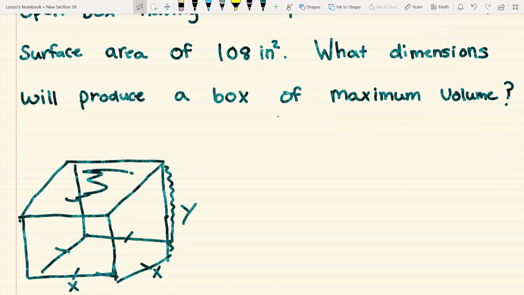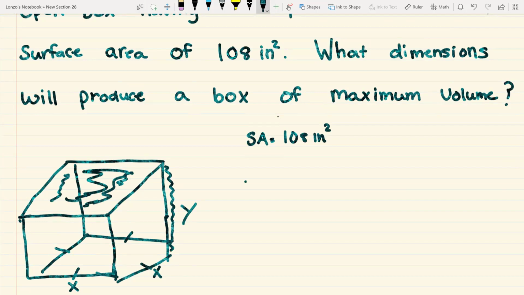Step 2 is to find two equations. They say that the surface area is 108 inches squared. The surface area is basically you add up all the areas except for this open side, because that's not really included. So how do we find this?